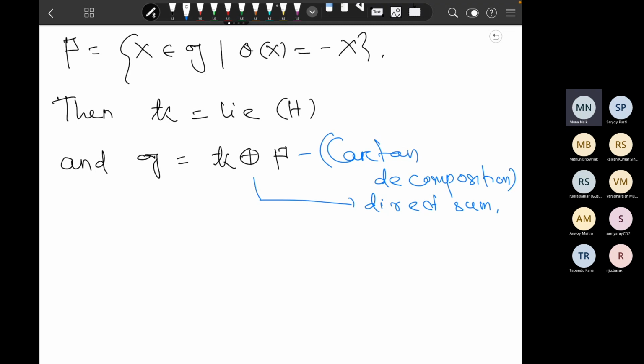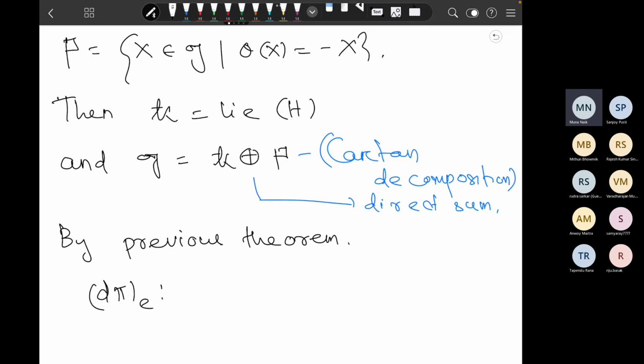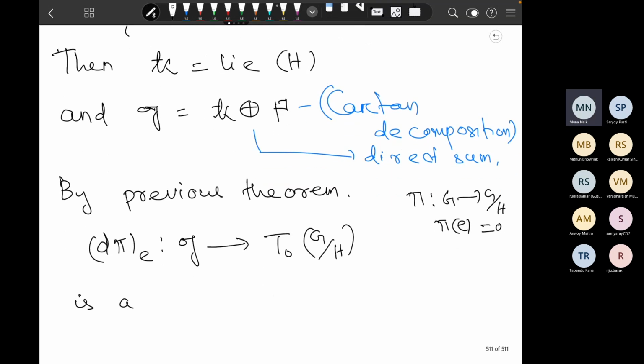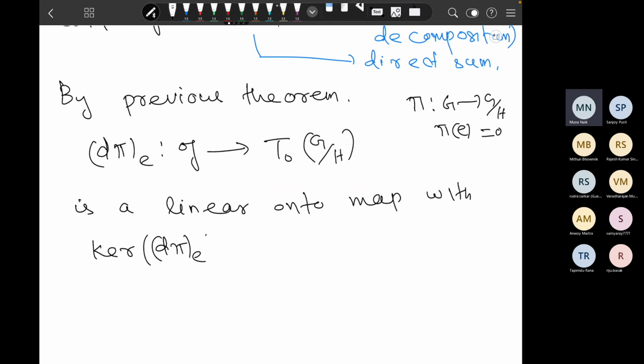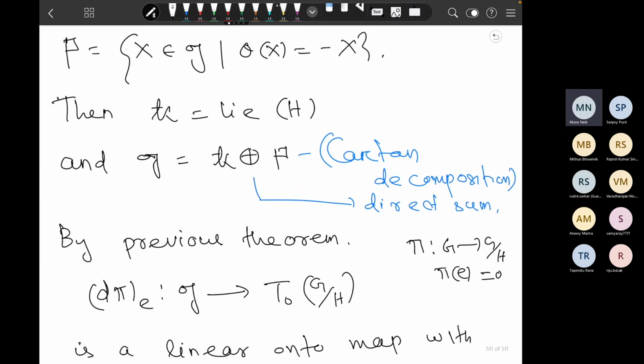Now by the previous theorem, where π is the canonical projection from G to G/K, dπ_e is a map from 𝔤 to T_o(G/K), a surjective linear map, an onto map, with kernel of dπ_e equal to the Lie algebra of K, which is 𝔨. Now look closely: 𝔤 = 𝔨 + 𝔭.